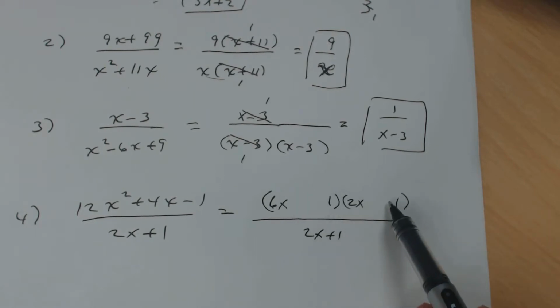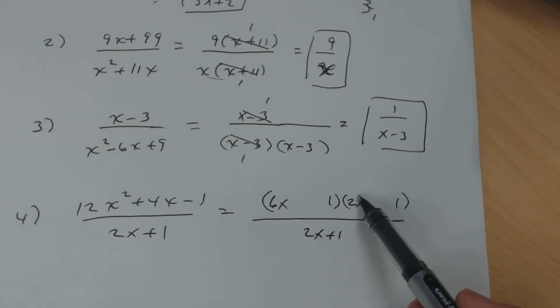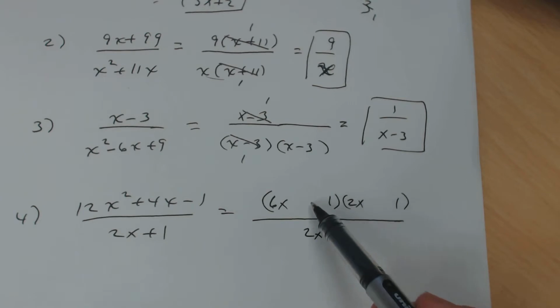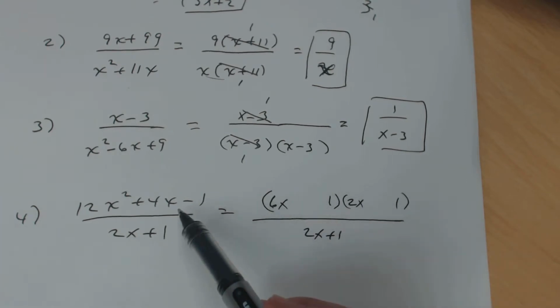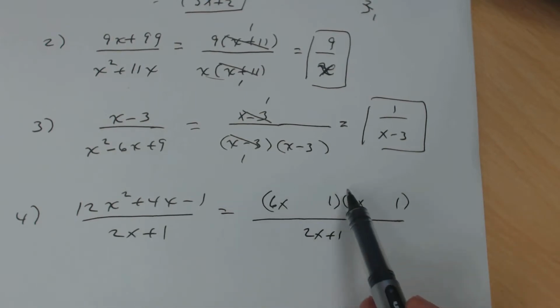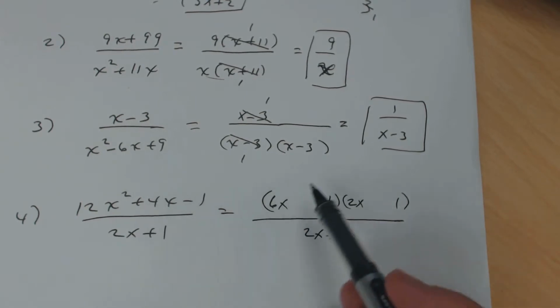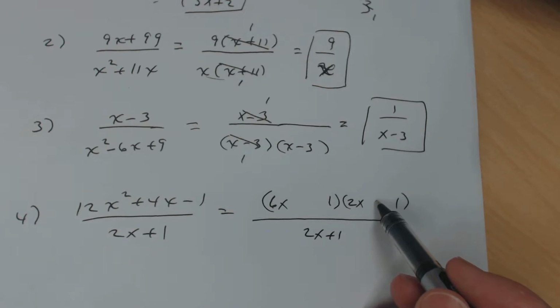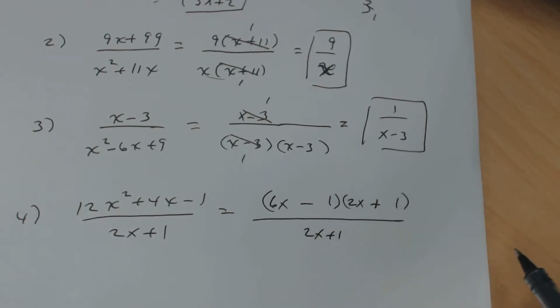The outer is going to be 6x, the inner is going to be 2x, and since the signs are different, I'm going to subtract those, and I'm going to get 4x. So far I'm good. And I want the larger of those to be positive. So that means that this has to be a plus sign, and this has to be a negative sign.